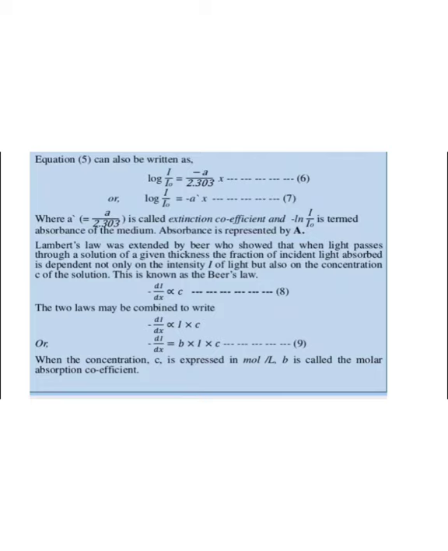Equation 7 is log I upon I0 is equal to minus a dash into x, where a dash is equal to a upon 2.303 and is also known as the extinction coefficient.